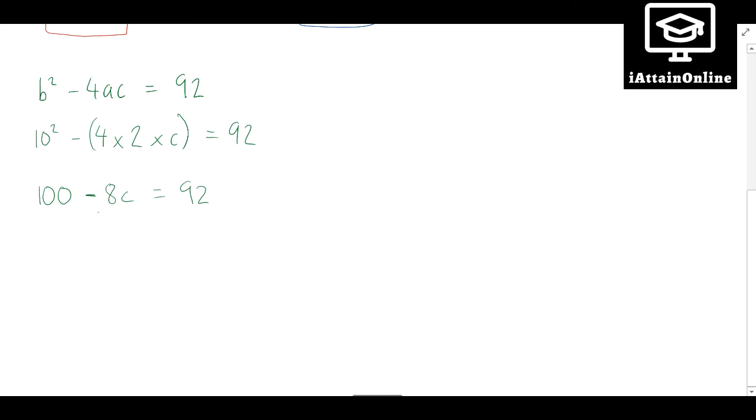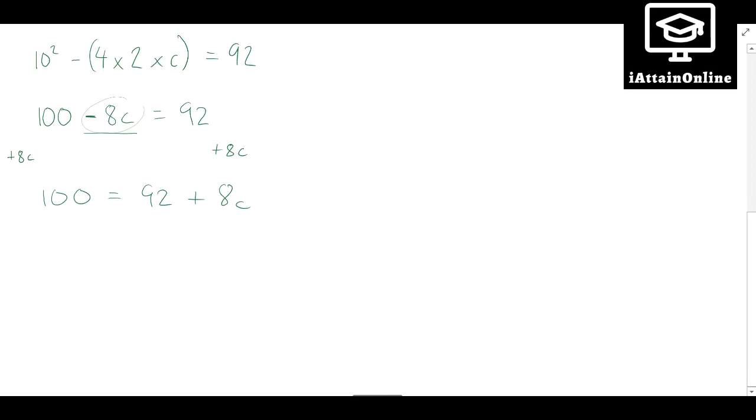Now, I don't like the fact that that's a negative 8c, so what I'm going to do is add 8c to this side and add 8c to this side, because then that gets rid of this negative 8c. So I end up with 100 equals 92 plus 8c. This is the same as 8c plus 92, because when I add things it doesn't matter which way around I do it.